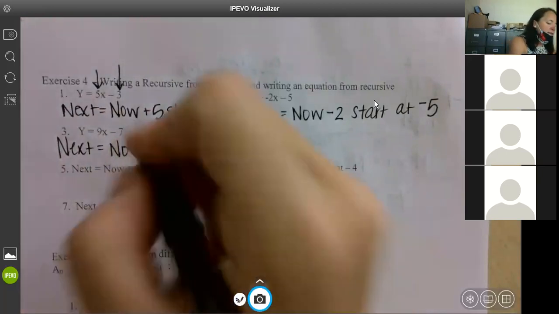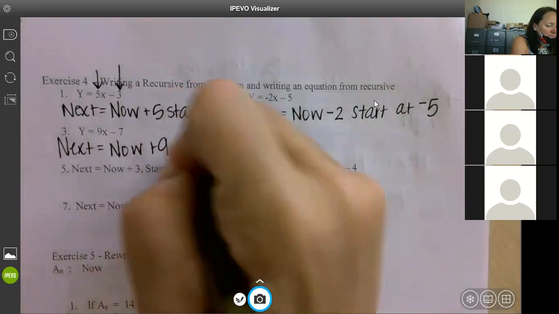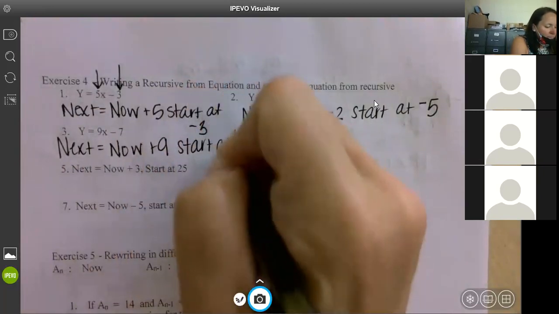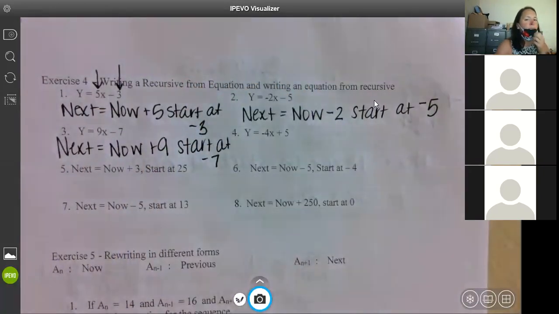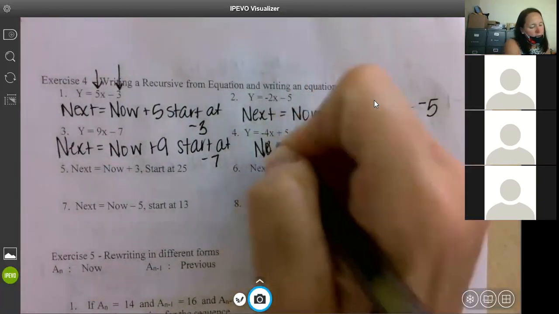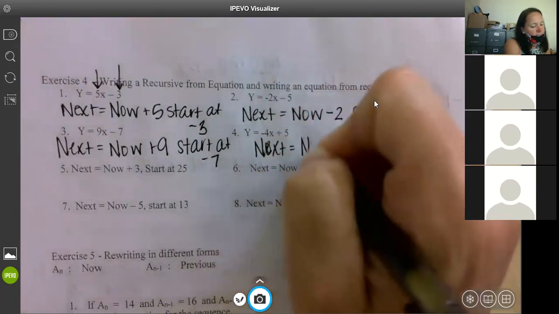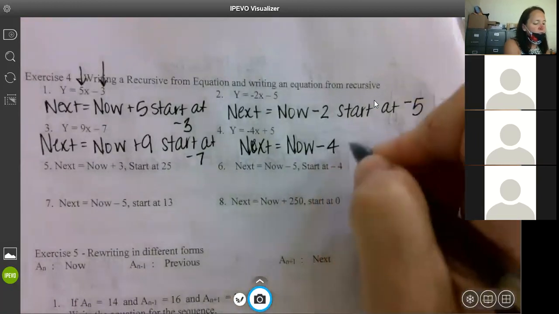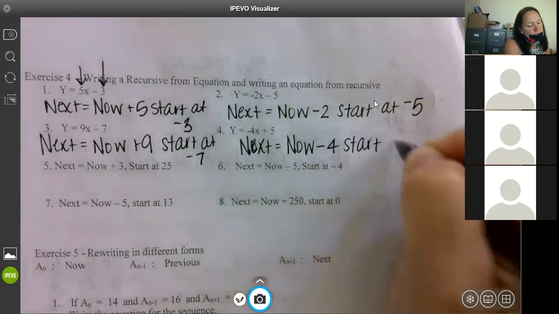Next equals now +9. Start at. Perfect. And then number 4, next equals now -4. Start at. Perfect.